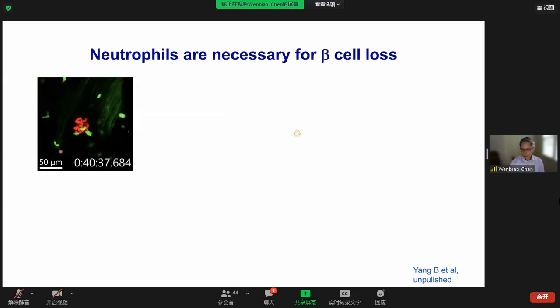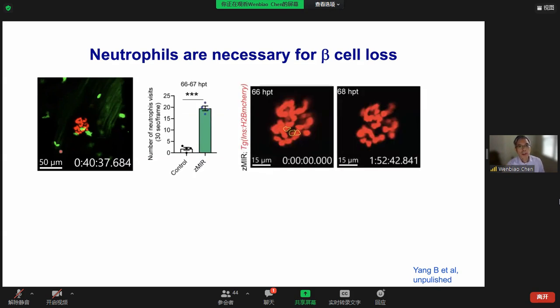In addition, we do not see any neutrophil, or very few neutrophils, coming to control animals. In addition, after this period, we do see that neutrophils usually come to one or two spots, and it's usually those spots where we see beta cell loss. So implicating that neutrophils may be involved in the beta cell loss.